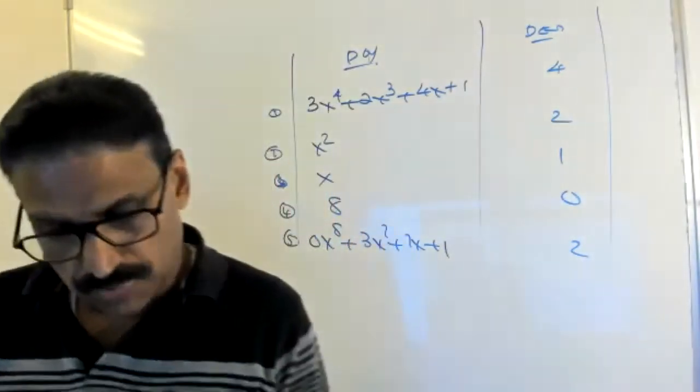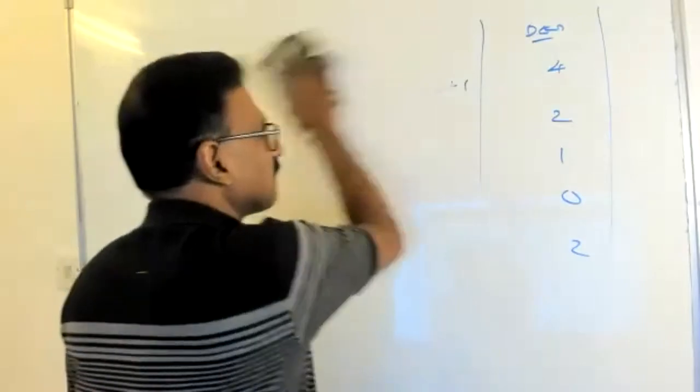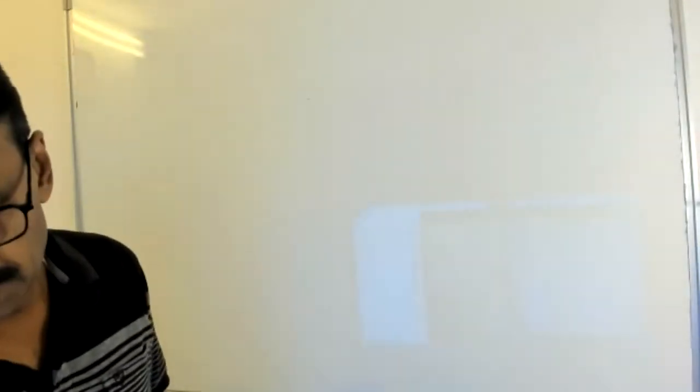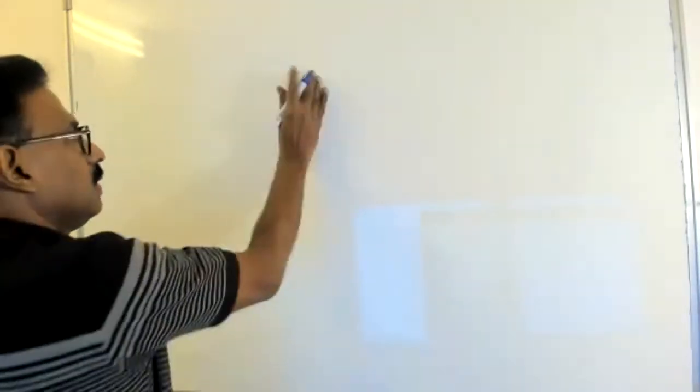Now, linear. Then next, write another: classification of polynomials.